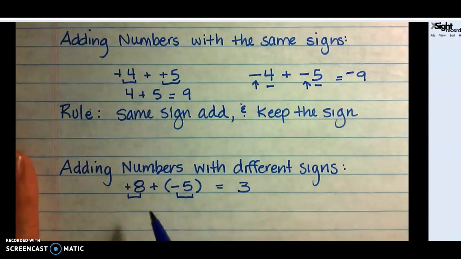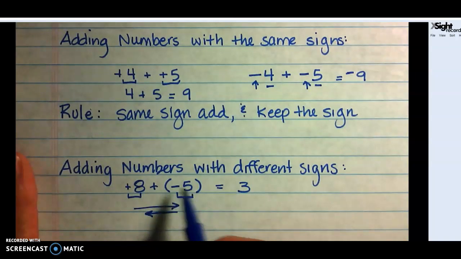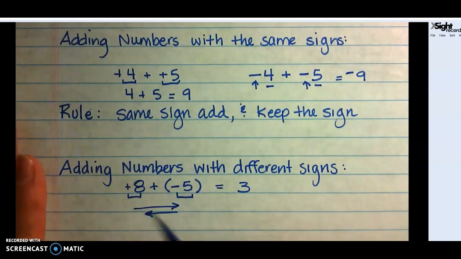On a number line, you saw moving forward 8 and then backwards 5, but you were still in a positive direction. If you used counters, you saw 8 positives, 5 negatives took away 5 of these positive numbers, and you were left with 3 positive ones.